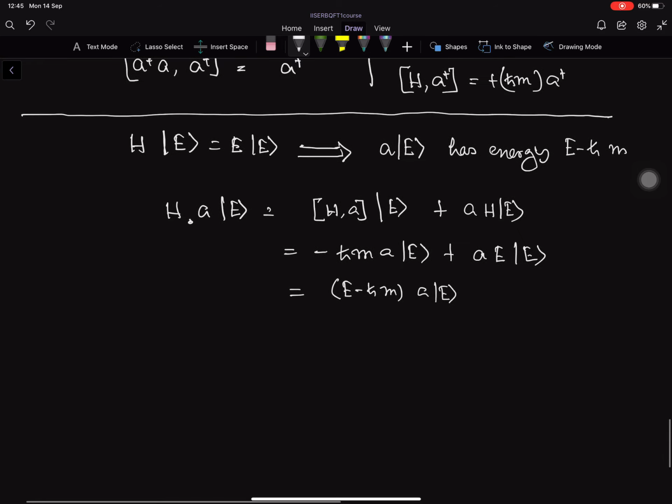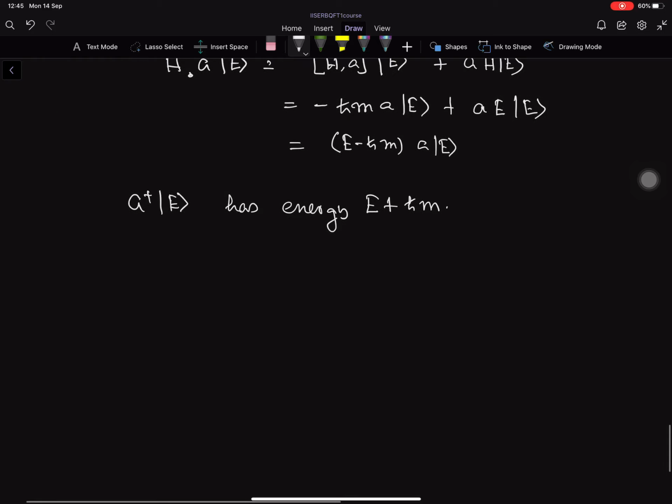In the same way you can also show that if I construct A dagger acting on E, then this has energy E plus h bar omega.